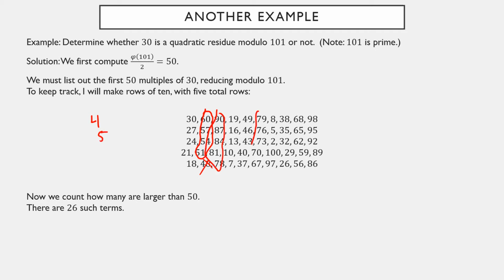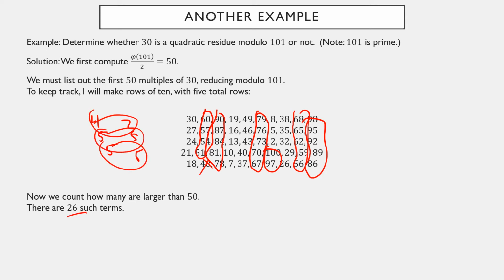None of those. All of these, so that's another 5. Just these 2, so there's 2. All of these were bigger than 50, and all of these were bigger than 50, so there's another 5 and 5. So 10 plus 10 plus 6, that's 26 such terms. With an even quantity, the Legendre symbol evaluates to -1 to an even number, that's 1. So 30 is a quadratic residue modulo 101.